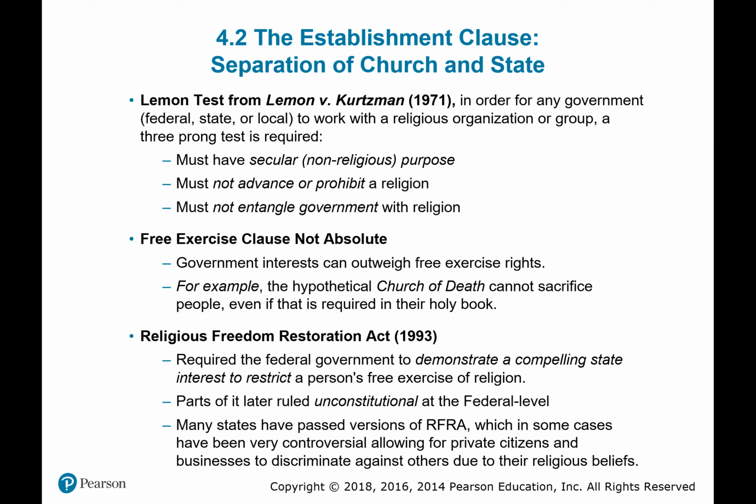There's many religious schools that perhaps have a lot of indoctrination to that religion as well as other education, or forbid certain types of education. So that's a bit gray, but generally it's considered education is secular. Must not advance or prohibit a religion. That's the interaction between the government entity and the body, and must not entangle government with religion. And there's a lot of gray area there, but generally the Lemon Test has held up since then.